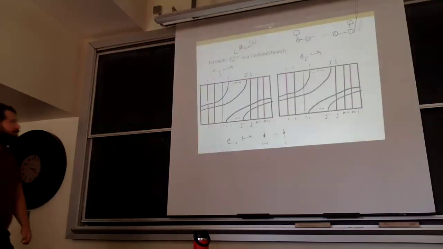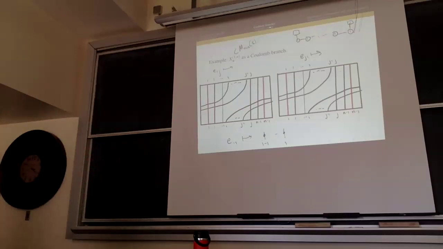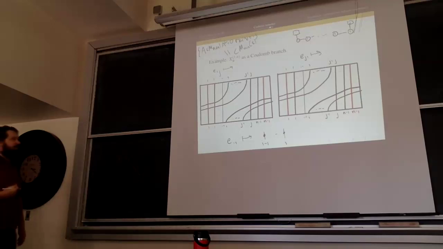What is the statement here? One special case of this theorem concerns the moment map image. I'll just remind you, this is matrices n by n whose square is 0 and whose rank is less than or equal to 1. This is the image under the moment map of T star CPN, the thing that T star CPN resolves.